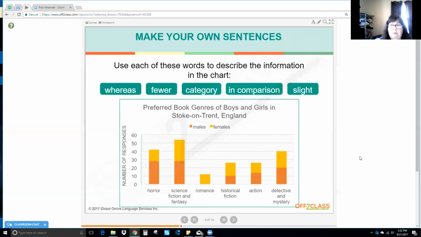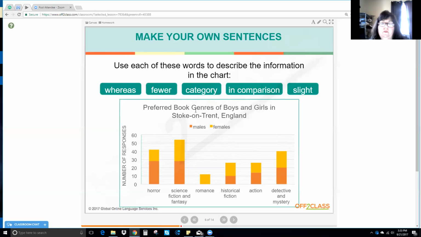I think I used whereas, fewer. We could say fewer boys prefer historical fiction than science fiction, or a smaller number of, or less boys prefer.